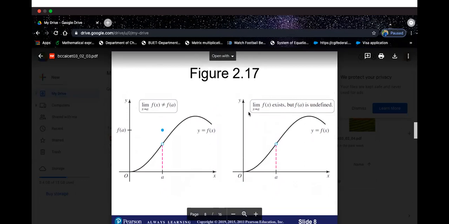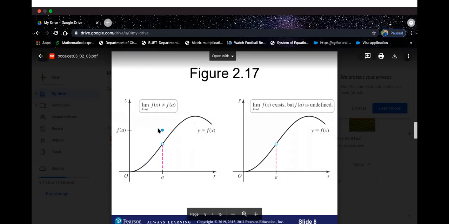Okay, so we have two scenarios here. We have a function for which at A there is a defined value, but on a different piece. That means it's a piecewise function. Let's say this is a graph of the first piece where x is not A, and for x equals A, we have a defined value here, whatever it is.